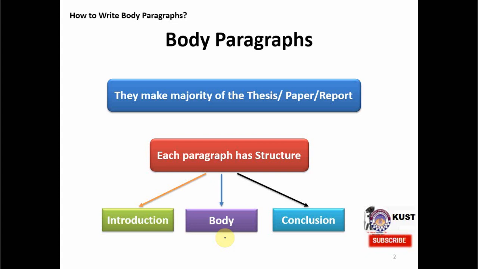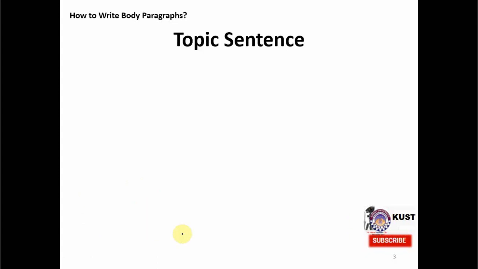Okay, so now we know that we will be mostly writing body paragraphs in our academic writings, and this is their structure. So let's understand one by one each part of the body paragraph. We start with the introduction. In the introduction of the body paragraph, you want to tell your audience what the claim is, what the topic of this paragraph is, what you want to say.